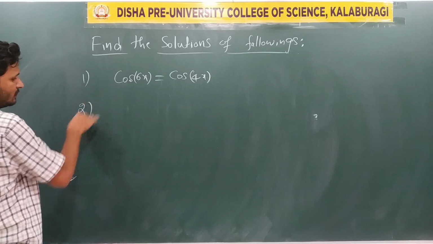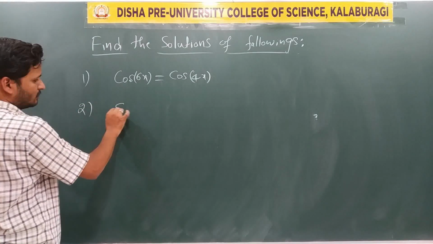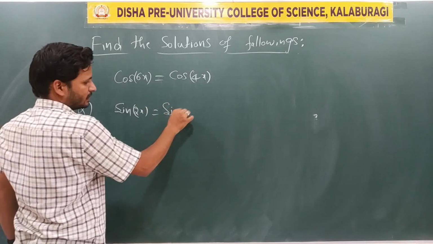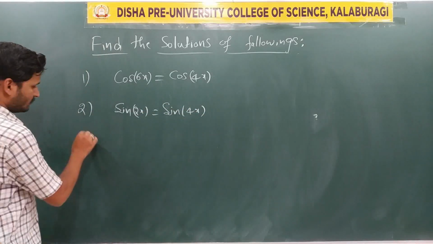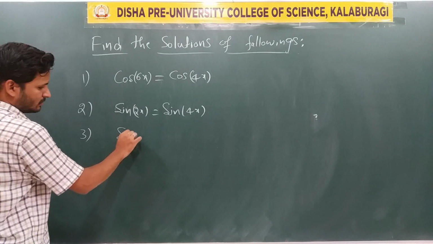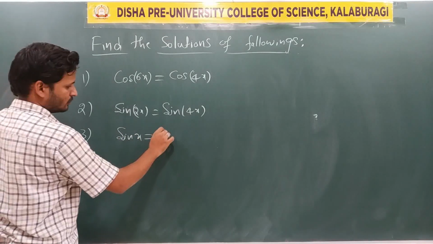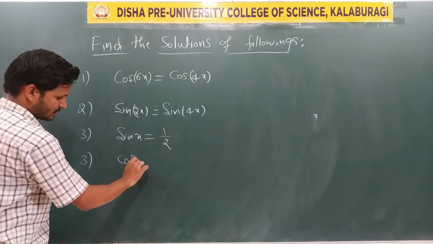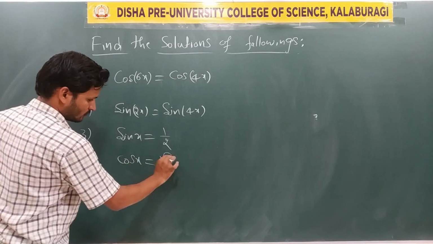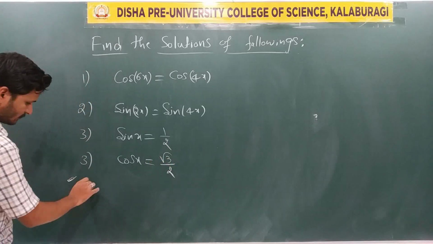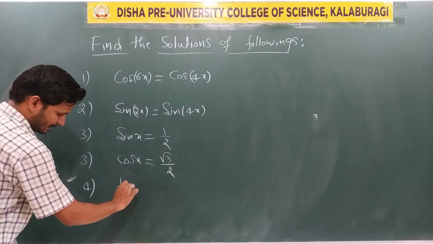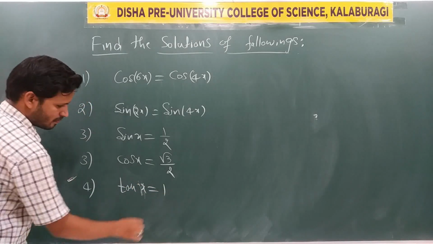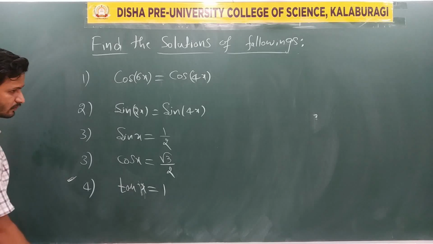Next one, sin of 2x equals sin of 4x. Third one, sin x equals 1 divided by 2. Cos x equals root 3 divided by 2. Fourth one, tan x equals 1.